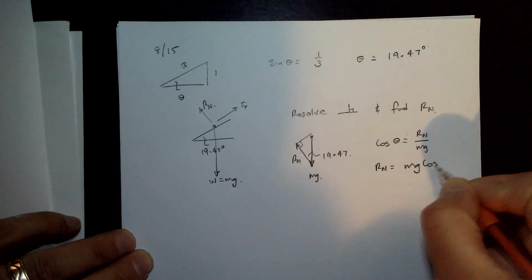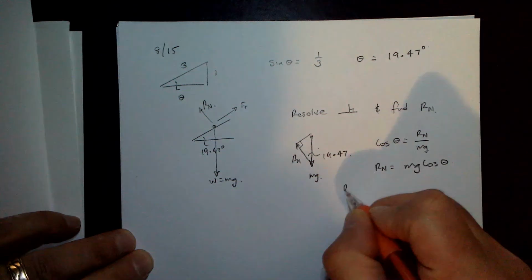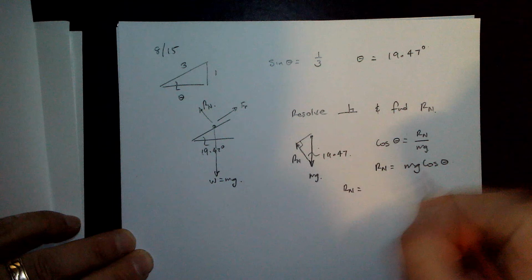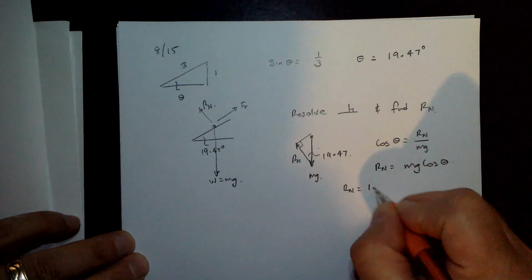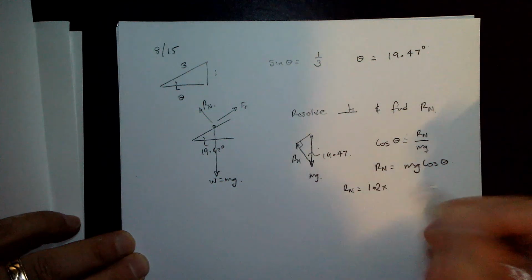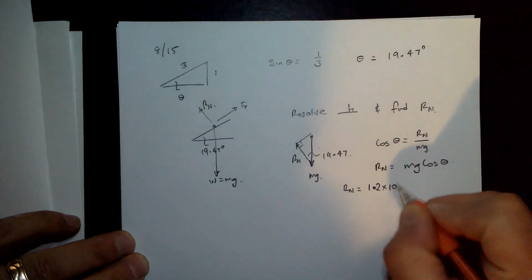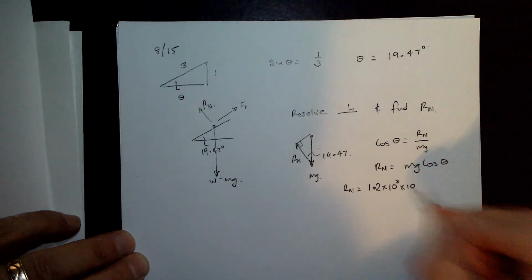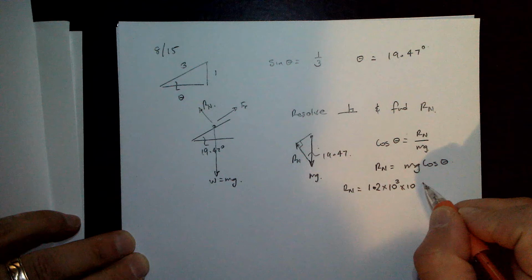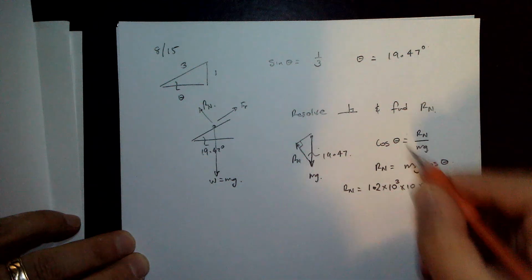Rn equals mass, which is 1.2 tonnes. To convert that to kilograms, it's times 10 to the 3. g is 10, and cos theta is cos 19.47.